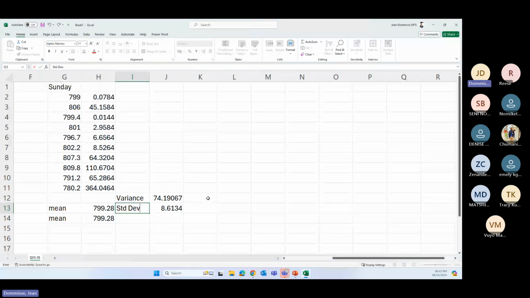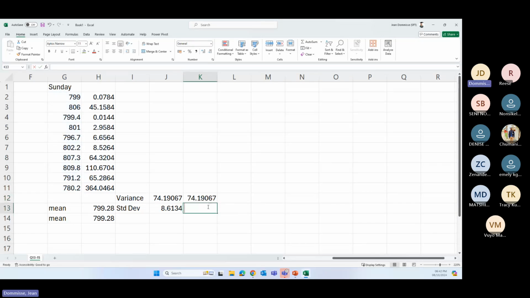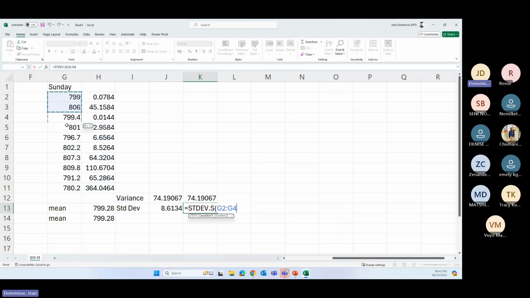But let's also show you guys, there is a variance for the sample in Excel built in, and there is a standard deviation for the sample also built into Excel that will give you exactly the same.